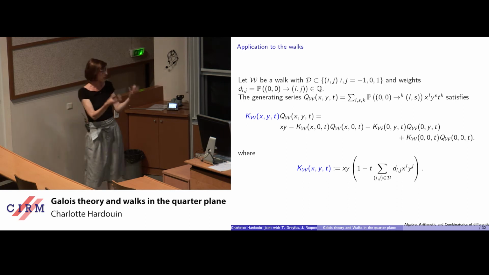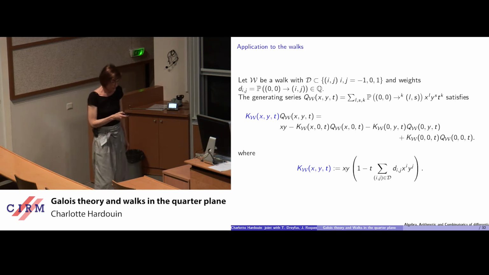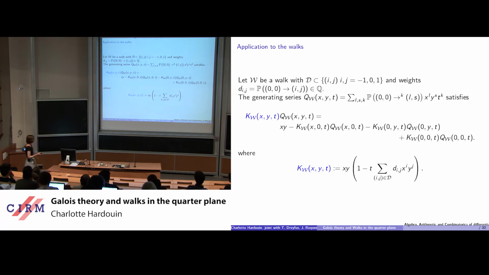The classical strategy, and this is still our strategy: the equation is quite complicated written that way, but if you make this term vanish, then you have decoupled your variables x and y, and it's a much simpler situation. So we want to study the zero locus of this polynomial.